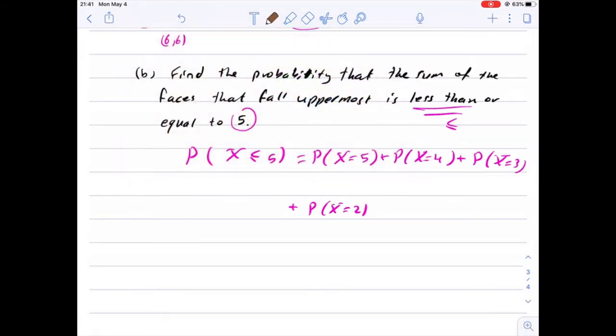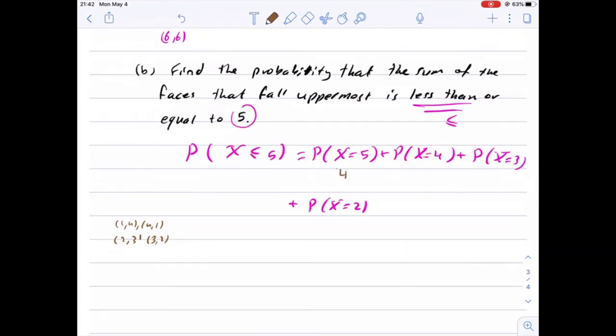Now probability of x equals 5: we have 1,4; 4,1; 2,3; 3,2. So we have 4 outcomes, so 4 out of 36, plus x equals 4, which we computed as 3 out of 36, and then x equals 3, 2 out of 36, and x equals 2 is 1 out of 36.